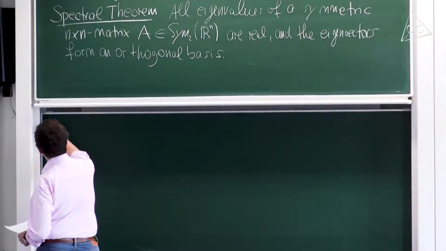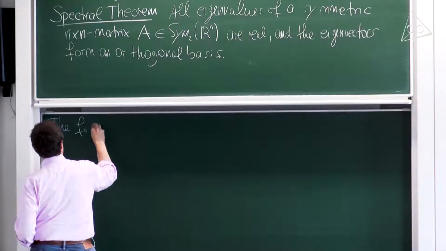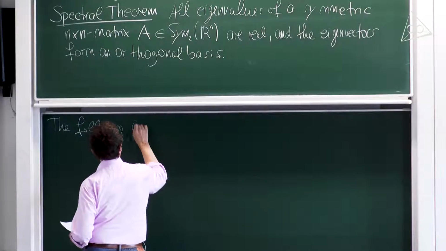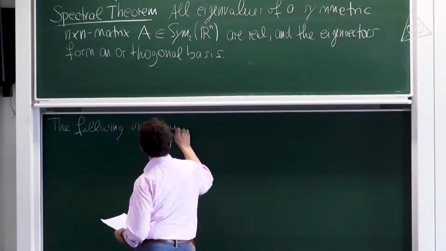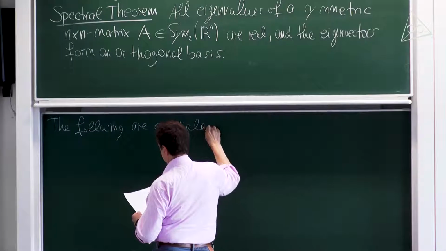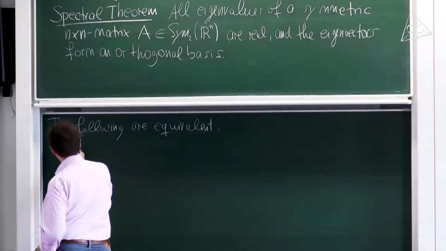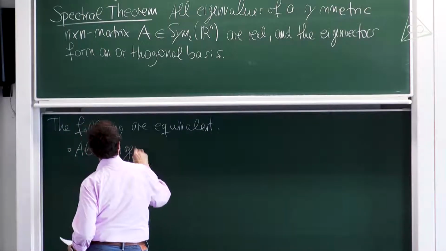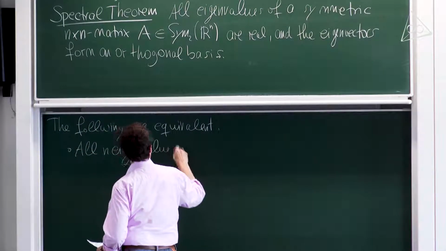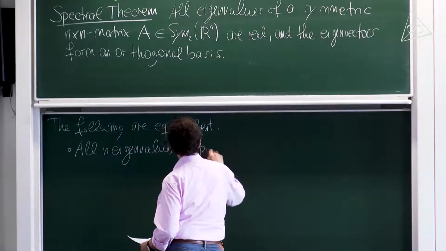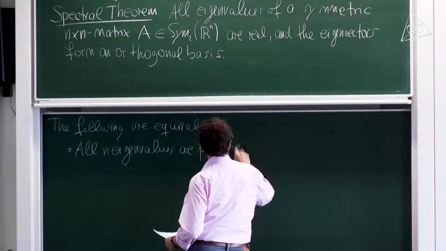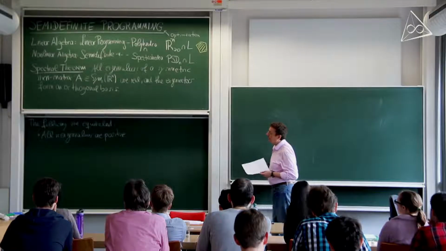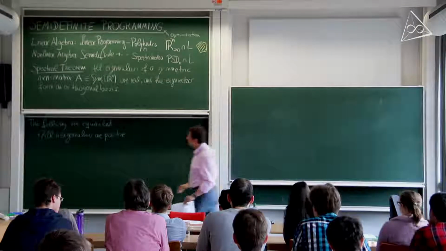Now furthermore, from this, we can derive the following fact. The following are equivalent for a symmetric real matrix A. First, all n eigenvalues are positive. So we have our n by n matrix with n real eigenvalues, and it might happen that they're all positive at the same time.